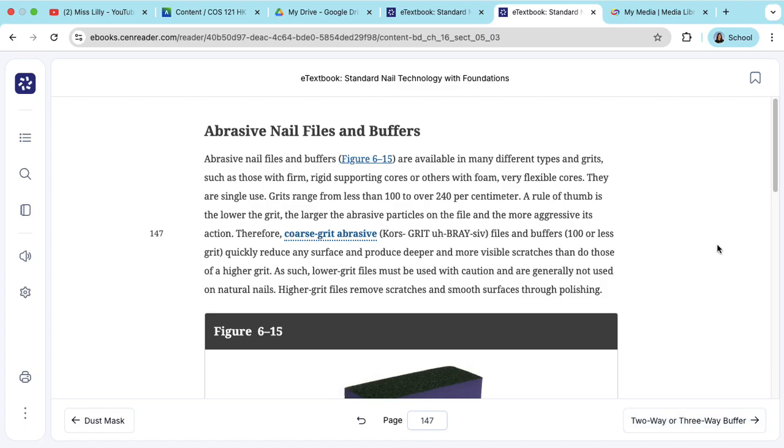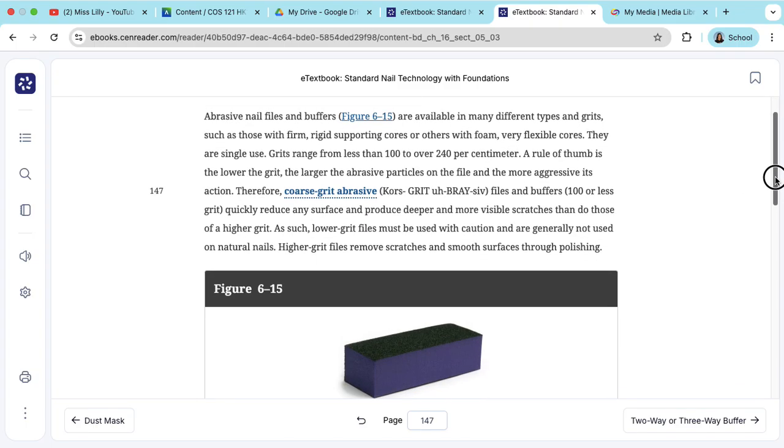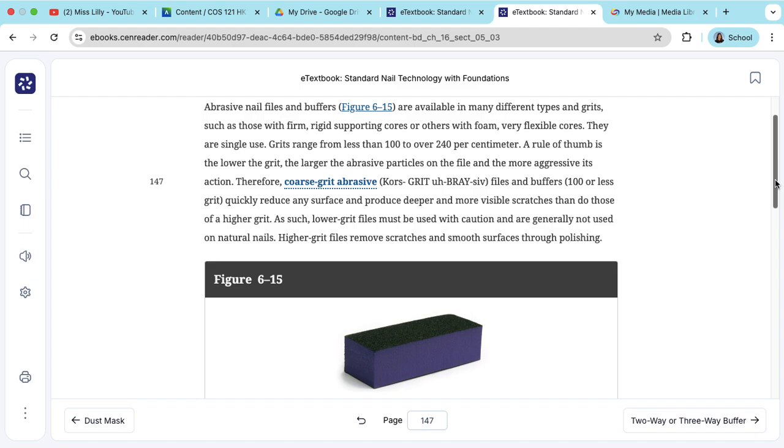Abrasive nail files. Here we're going to read most of the information because most of our tests will have a lot of different choices and questions, and you're always going to see one of these. So it is important for you to know this material. Abrasive nail files and buffers are available in many different types and grits, such as those with firm, rigid supporting cores or others with foam, very flexible cores.